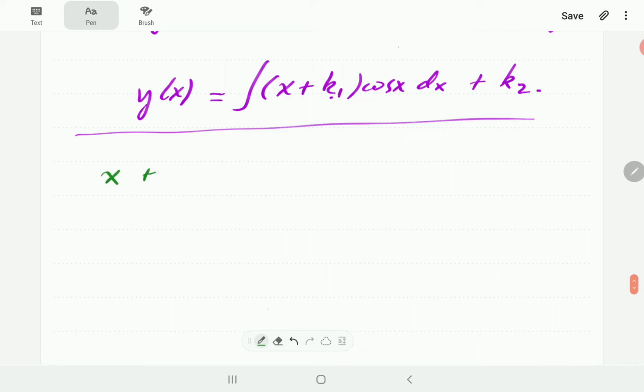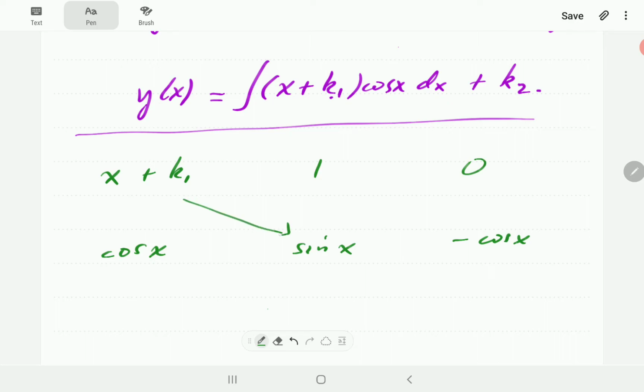So we take the polynomial, we differentiate it to 0, or derivative of x plus k1 is 1, derivative of 1 is 0. We take the trigonometric function and we integrate it repeatedly.